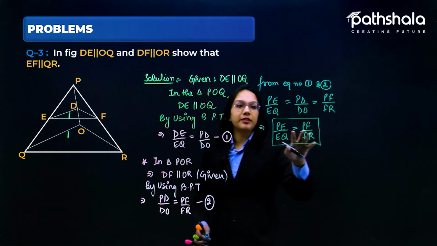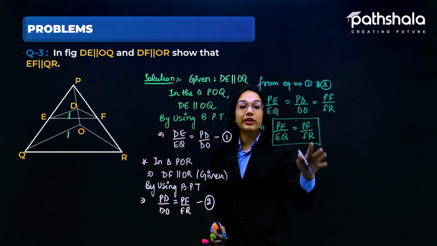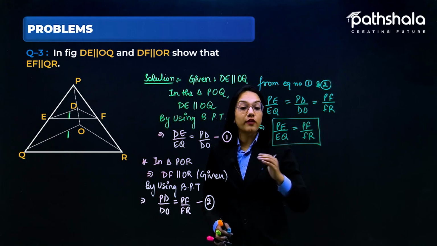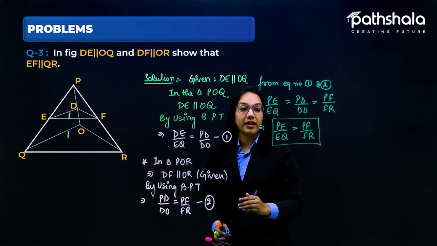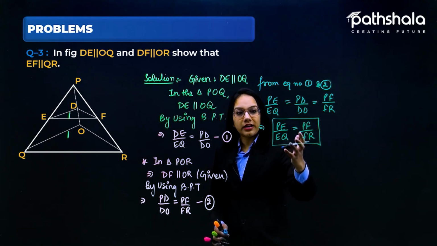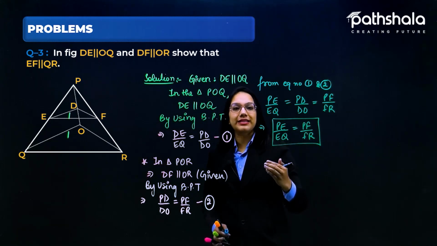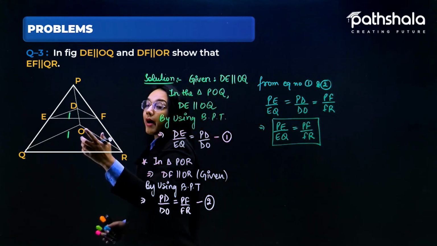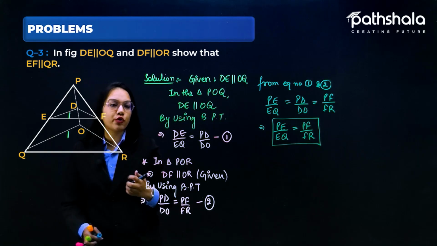This condition reminds us of the converse of the basic proportionality theorem, that if the ratios are equal to each other, then this line should be parallel to this one. This is all about the converse of BPT.